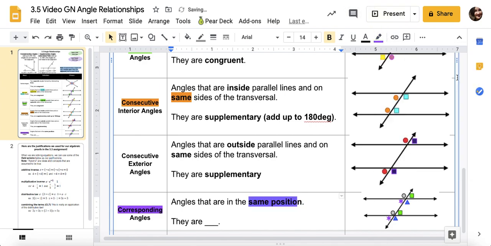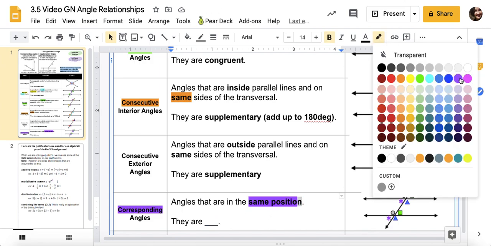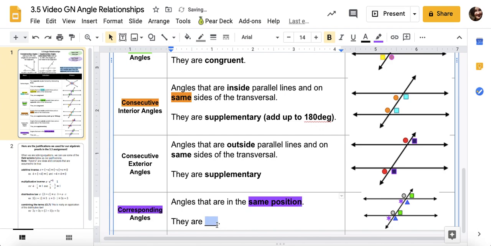Now, when we say the same position, oops, I left out an N. The same position, they're congruent. When we say the same position, we mean relative to the parallel line. So here I have this little cluster of angles at this intersection point. Down here at the other parallel line, we have the same cluster of angles.